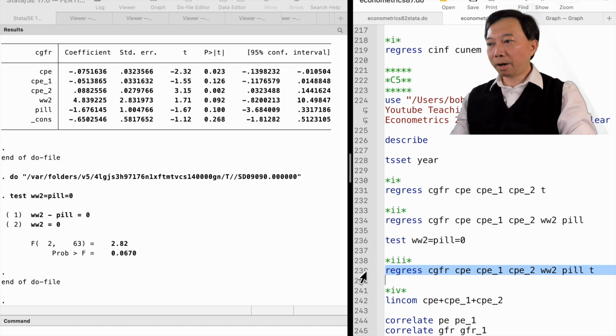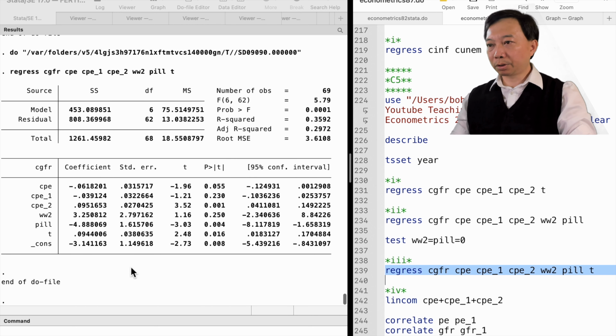Including the two dummy variables and the time trend gives the following results. The time trend becomes statistically significant now at the 5% level. The time trend effect becomes larger too. The coefficient on P becomes more negative and more statistically significant.